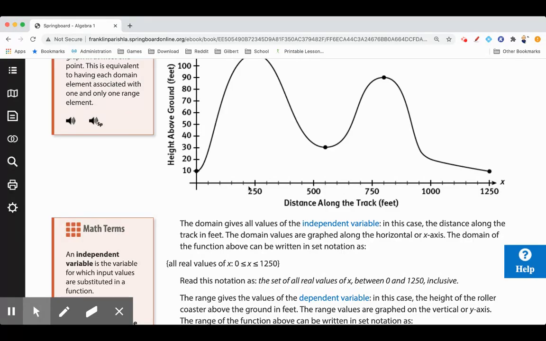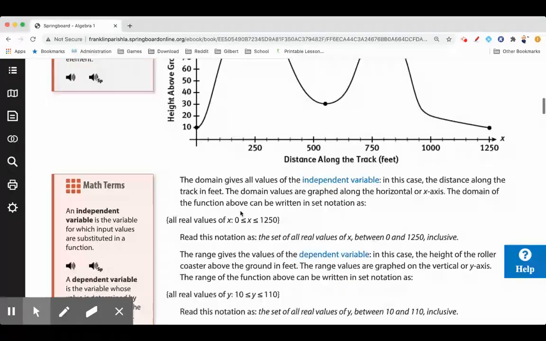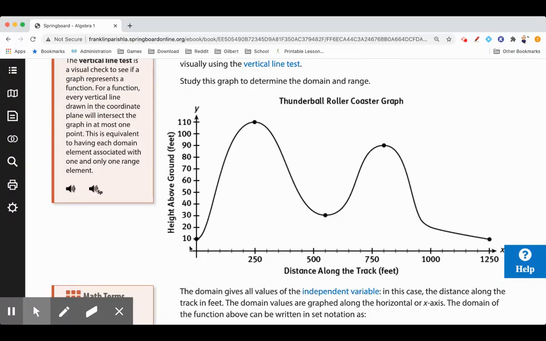The change in the track is what affects the other variable, and that's going to be called dependent. That's going to be the range. How high above the ground is affected by where you are on the track. So it is dependent on this distance along the track, which is independent. The dependent variable depends on something else, in this case, the distance.